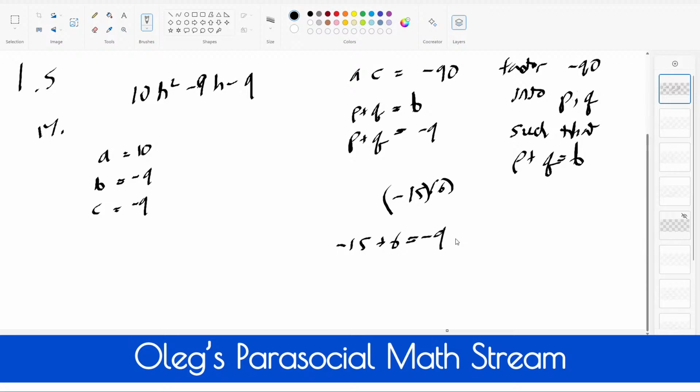So now we're going to write it as ax squared plus px plus qx plus c, where x is equal to h. So we're going to say 10h squared plus, what is our p? I guess it doesn't really matter which is negative, but let's go with negative 15.